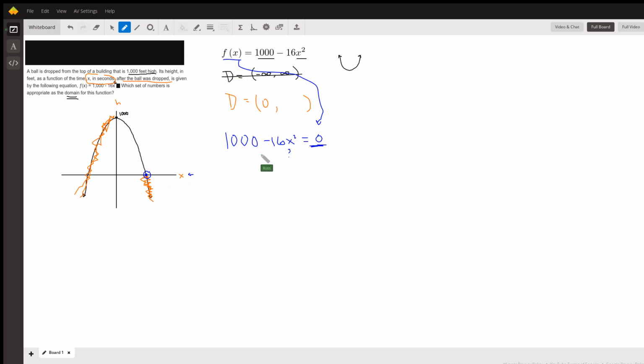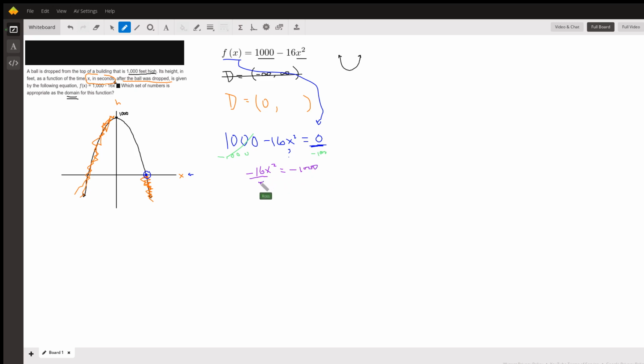In this case, I'm going to subtract 1,000 on both sides to isolate my x term. I do not like that color. Let's try purple. So I'd have negative 16x squared equals negative 1,000.